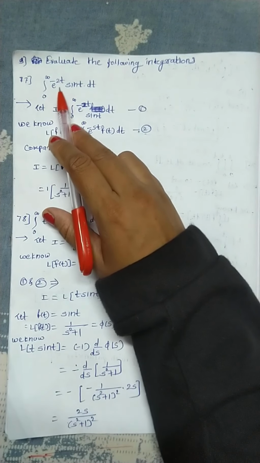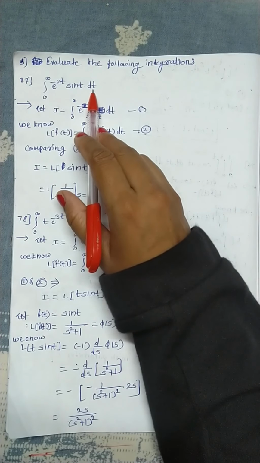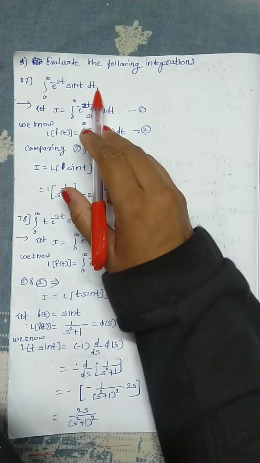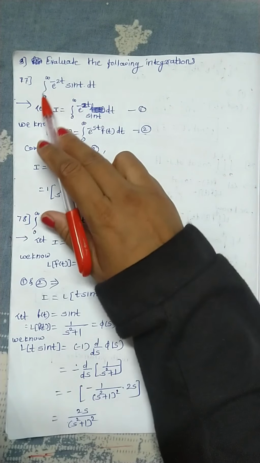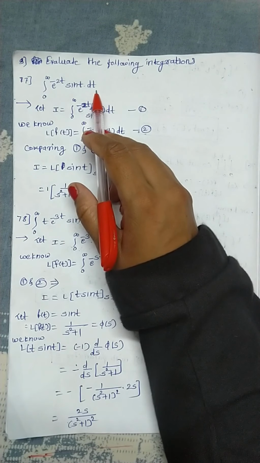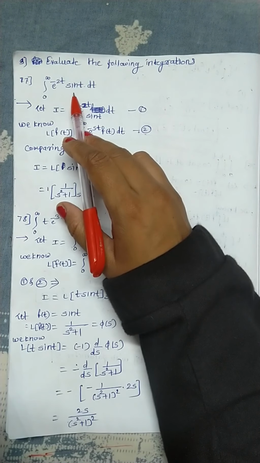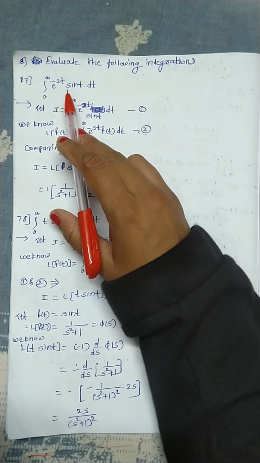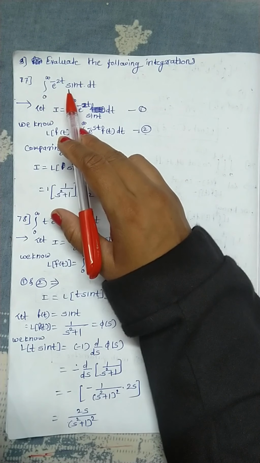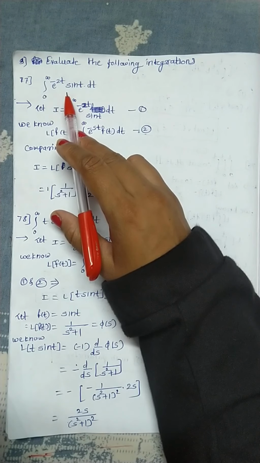Integration 0 to infinity e raised to minus 2t sin t dt. We can solve this integration by any earlier method. There is one formula also for solving this integration, but in this chapter we have to use Laplace only to find the integration.